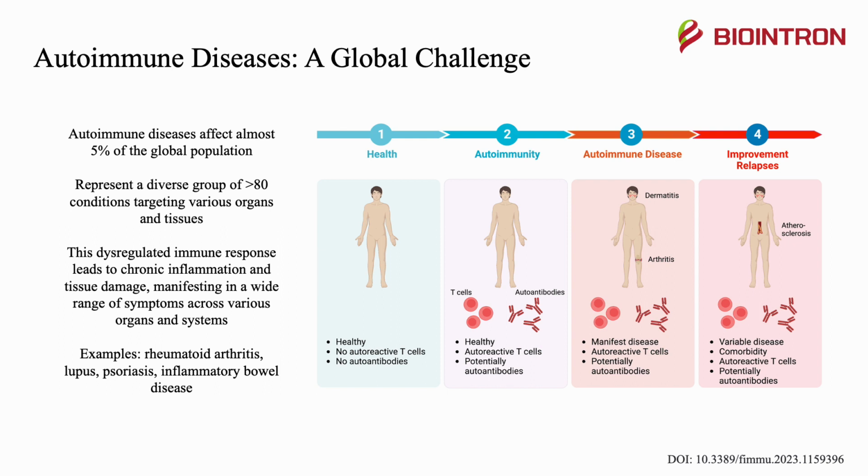This dysregulated immune response leads to chronic inflammation and tissue damage, manifesting in a wide range of symptoms across various organs and systems. Examples of these types of diseases include rheumatoid arthritis, lupus, psoriasis, and inflammatory bowel disease.